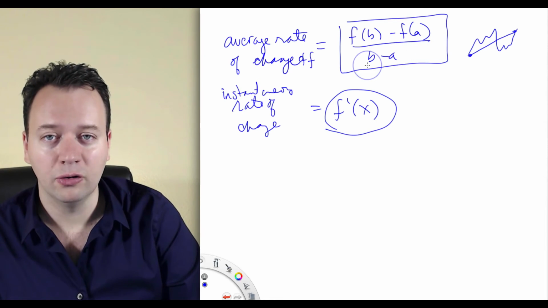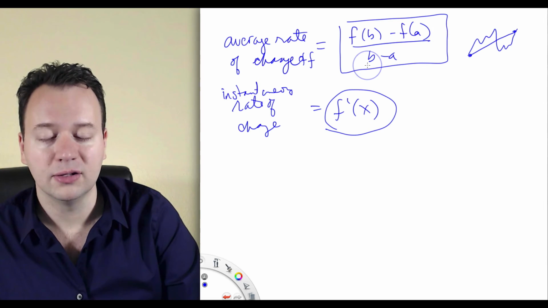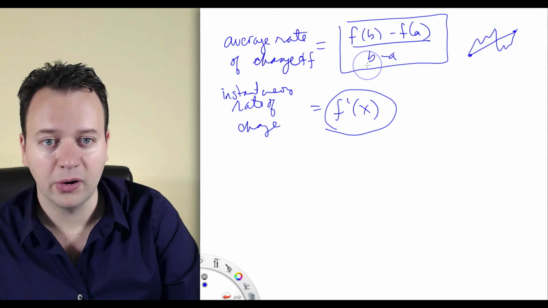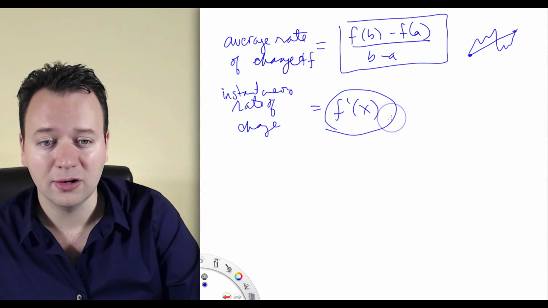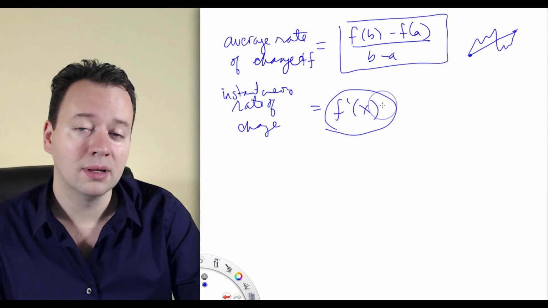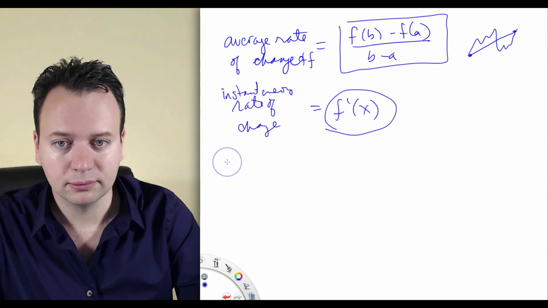If you traveled 140 miles between 3 o'clock and 5 o'clock, it's 140 divided by 2, 70 miles per hour. It would make sense that if I apply my formula for the average value of a function to the velocity function, it also gives me 70 miles per hour. So let's see if it does.